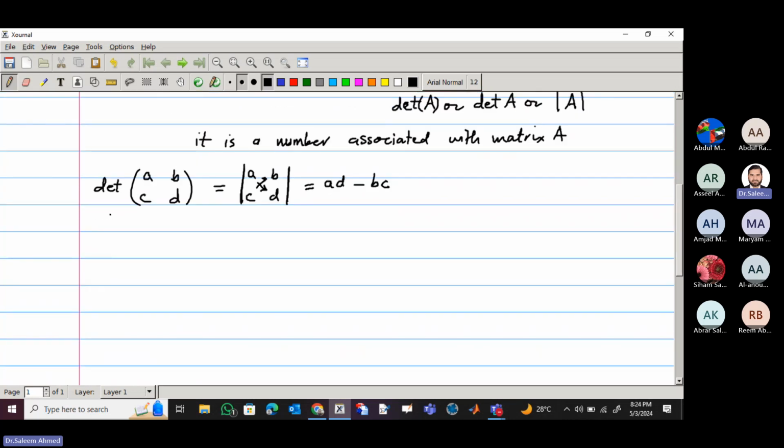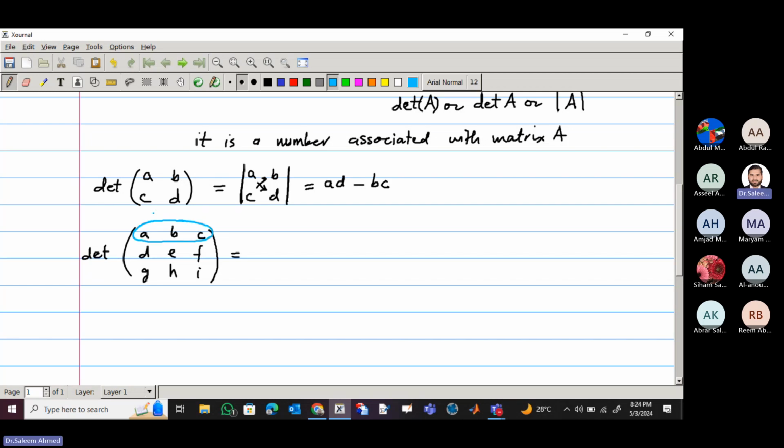But if you have a 3 by 3 or larger matrix, let's say A, B, C, D, E, F, G, H, I, and you want to find the determinant, then it is not that simple. Then what we do is we choose any row or any column. Let's say I choose row 1.